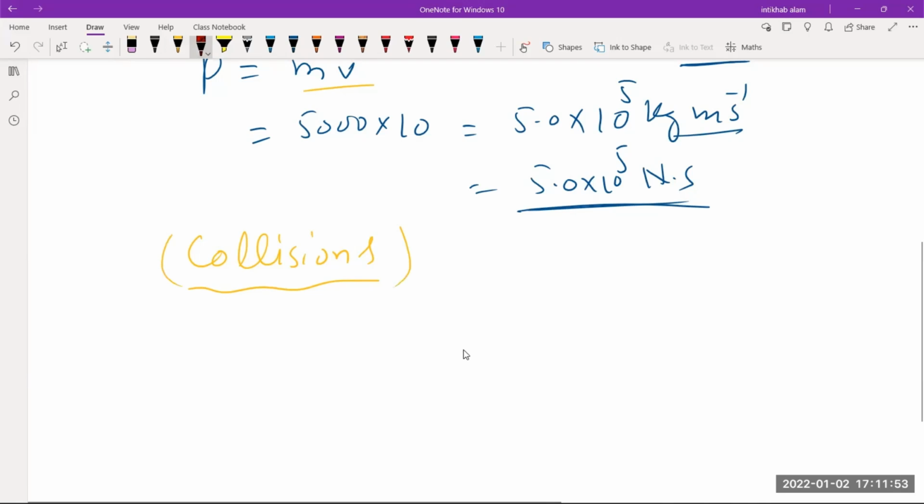What collisions? Definitely we do not like collisions normally in our daily life, as collision means accident. Accident means the collision of your vehicle with some other vehicle, or the collision of your vehicle with a wall or with some obstacle at rest. That definitely damages, that gives loss to property and life as well. So we do not like it, but it is there.